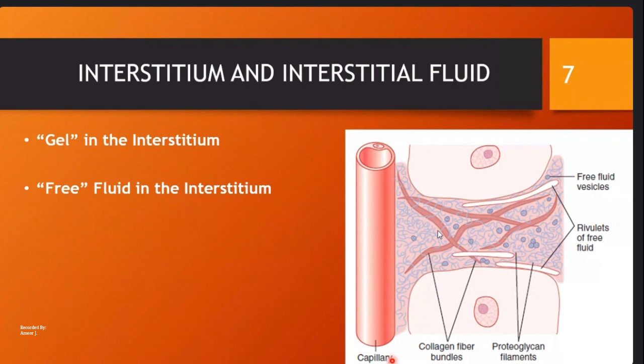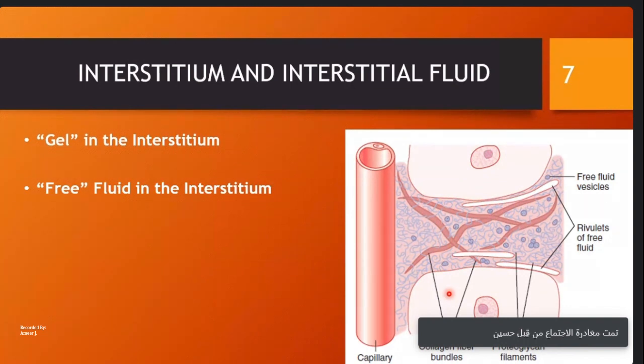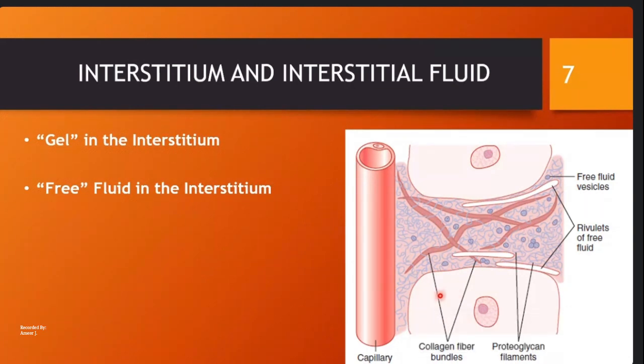And when we are talking about the filtration and perfusion of the cells by the blood inside the capillaries, it means that the material should leave the capillary to join the interstitium, and then from the interstitium it is entering the cell. Or on the other hand, the molecules we have inside the cell are able to leave the cell to enter the interstitium, and from interstitium they enter the capillaries.